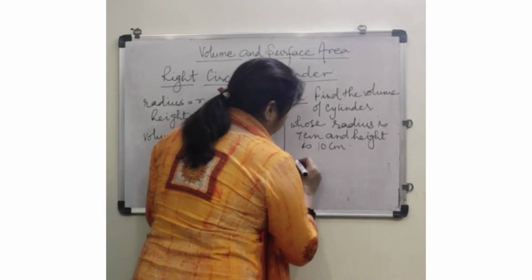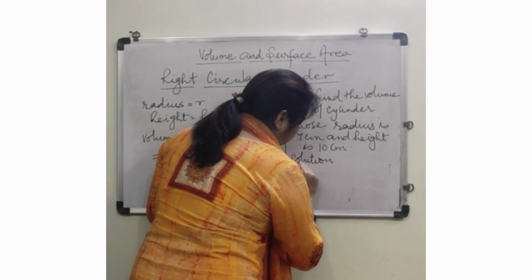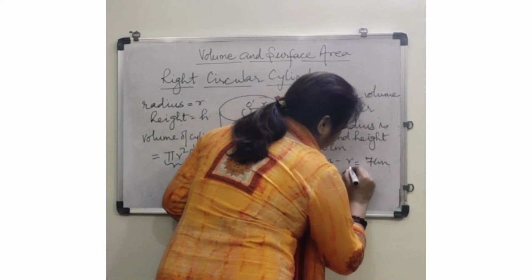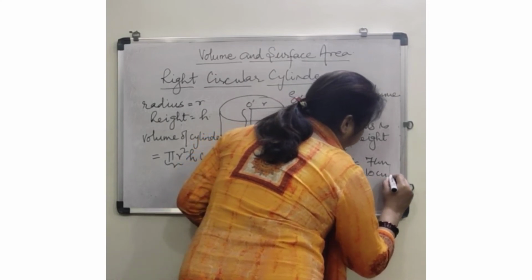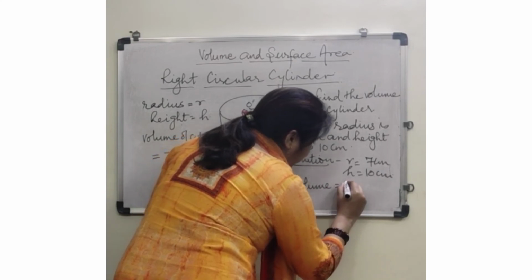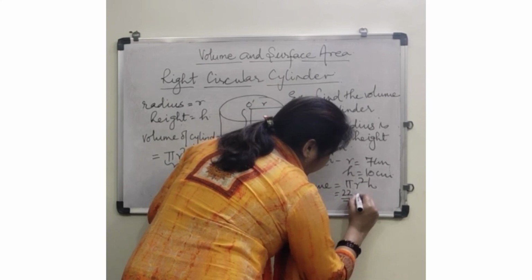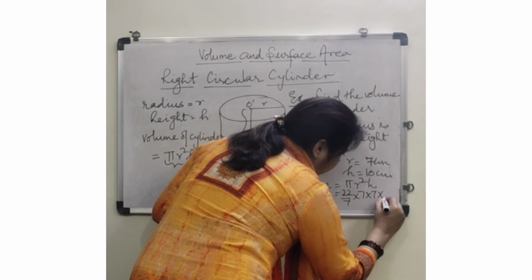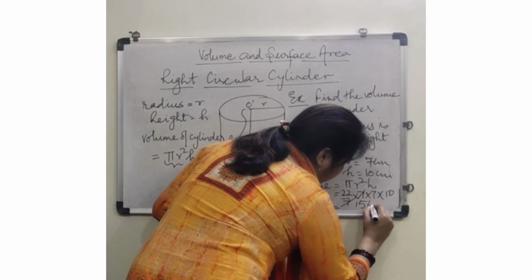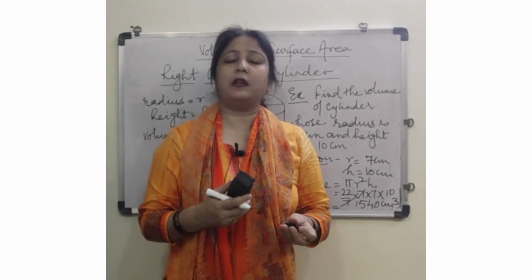So let us write the given. Solution. In the solution, first of all, write radius is equal to 7 centimeter, height is equal to 10 centimeter. Just write the formula. Volume is equal to pi r square h, that is 22 over 7 into 7 into 7 into 10. That comes to 1540 centimeter cube, as both the dimensions are the same.